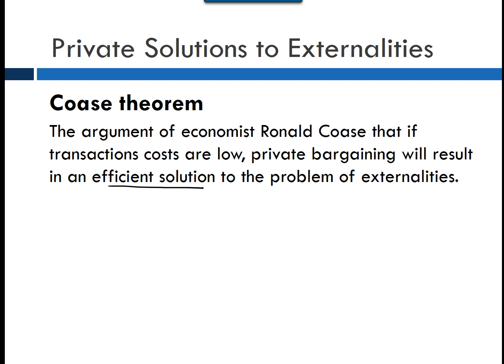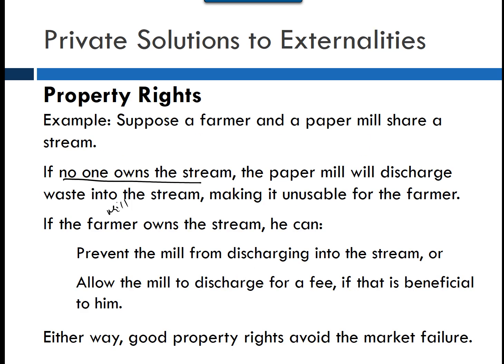Let's say in this one, the farmer allows them to pollute a certain amount for a fee. That's because what he's saying is that completely pure water is worth less to him than some sort of fee. So we've brought it to an efficient point because we let them bargain.